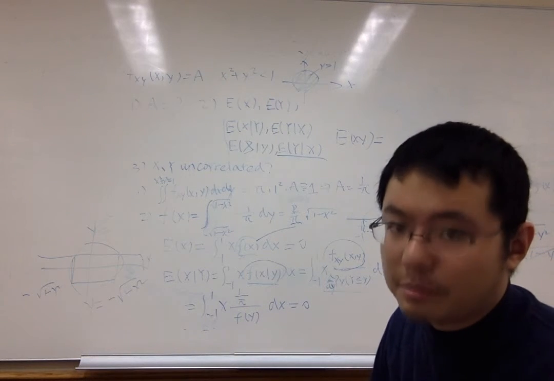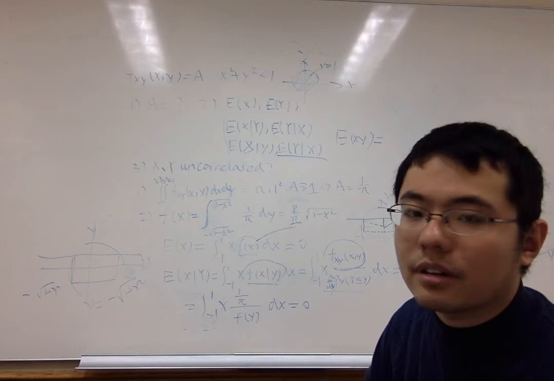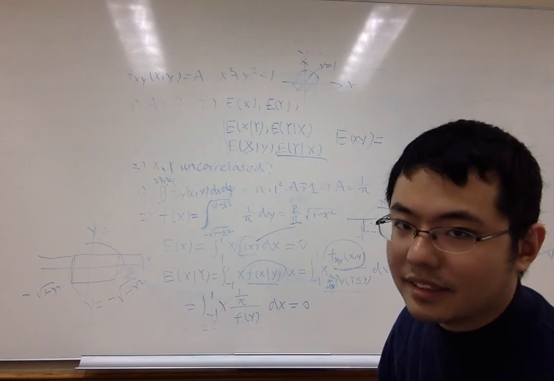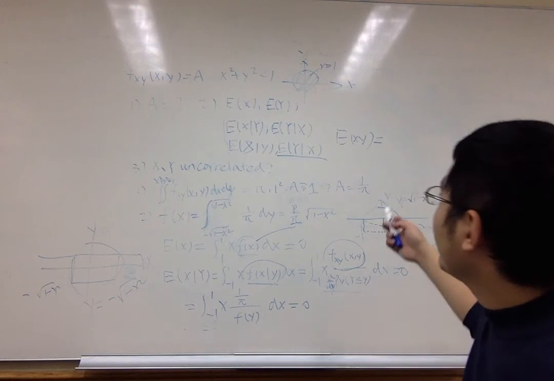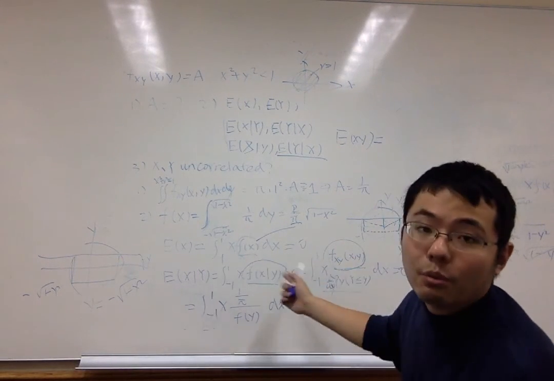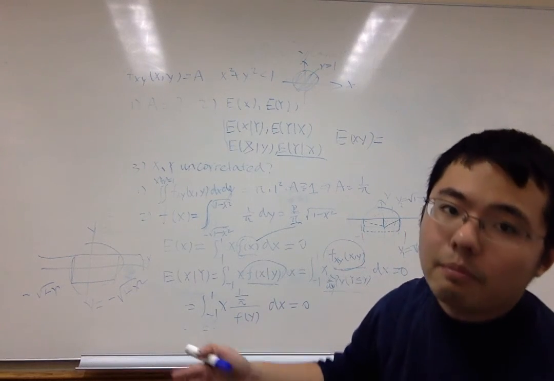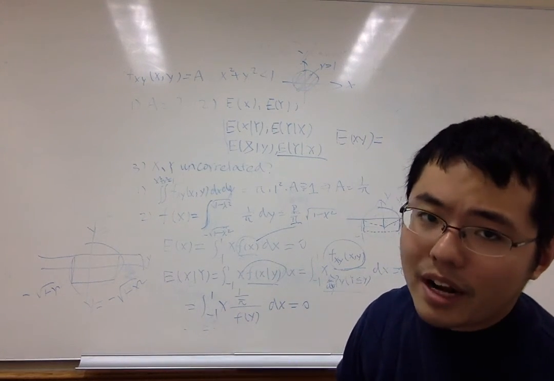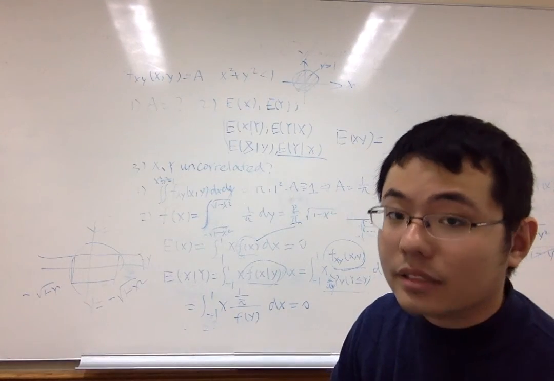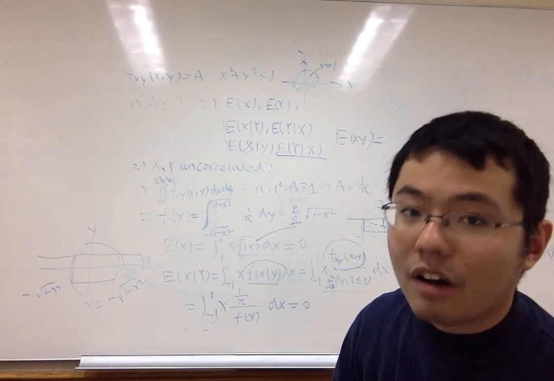The circle is also symmetric, and the function to be integrated is xy multiplied by 1/pi. It's still an odd function, and this one is 0. And we get that EX is 0 and also EY is 0. So EX multiplied by EY equals EXY, the expectation of the product. So actually x and y are uncorrelated.